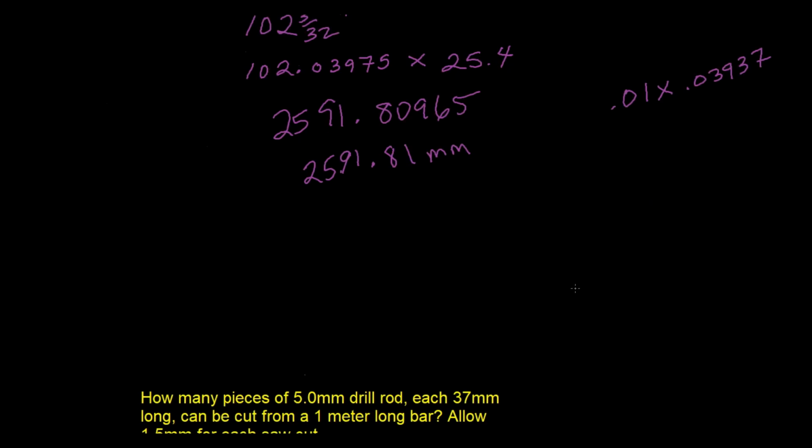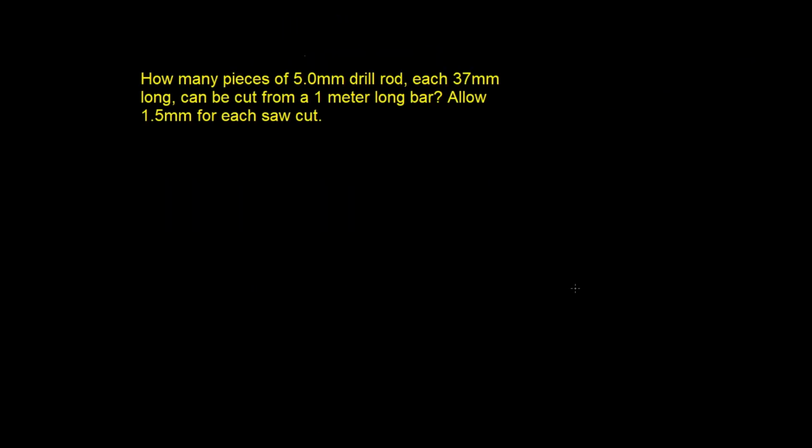So let's do another one real quick. We'll take a look at these numbers. What if we wanted to convert these to metric as well? If we wanted to convert all these numbers from millimeters to inches. So how many pieces of a 5.0 millimeter drill rod?